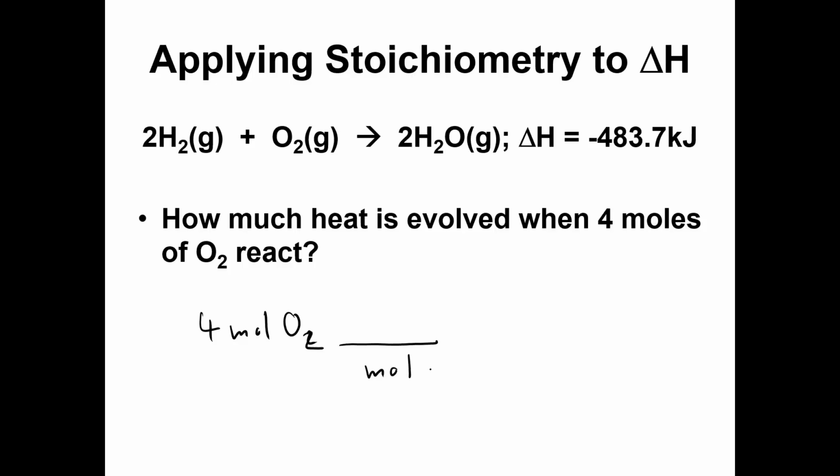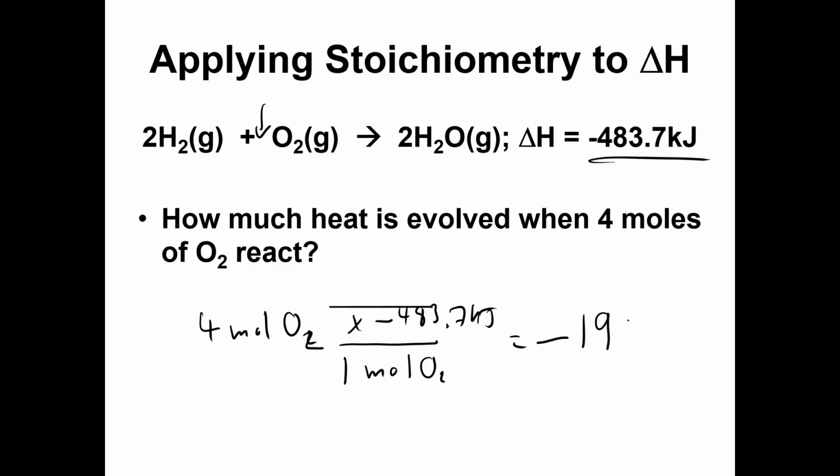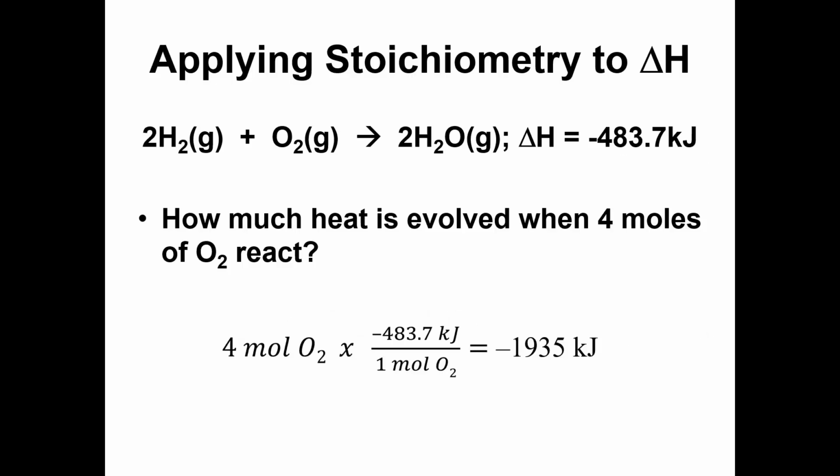So you want to divide by moles of oxygen, and so there's a 1 here, and you multiply by the kilojoules, minus 483.7 kilojoules. So that's simply 4 times as much, and that would be negative 1,934.8 kilojoules. And there's the answer for that.